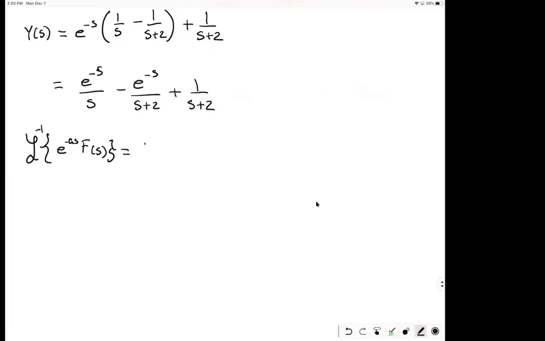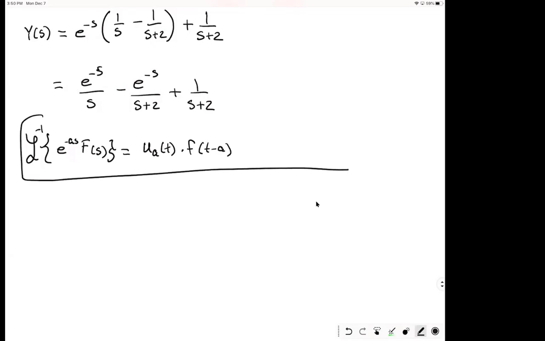That's equal to u sub a of t times f of t minus a. So this is that second shifting theorem, but the inverse of it, going back the other way. Let's see if we can apply that to what we've just found.